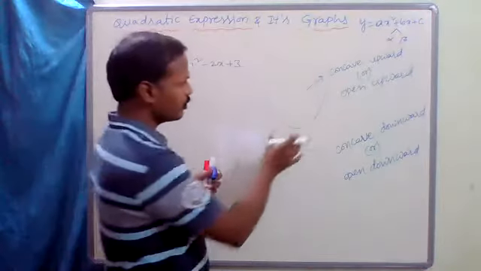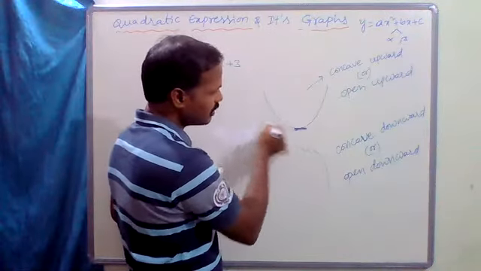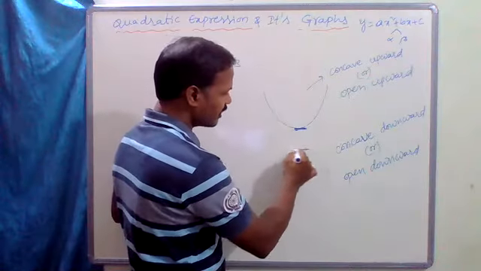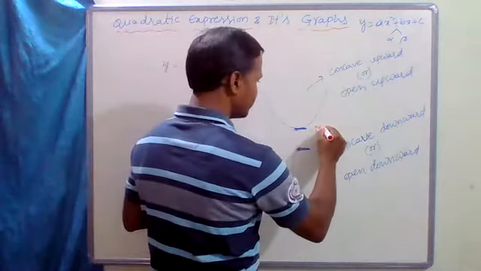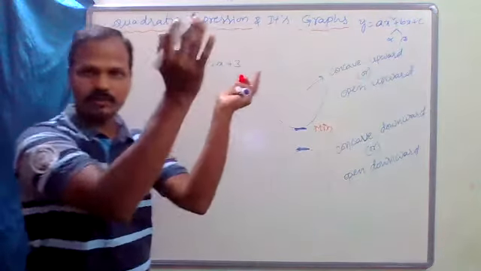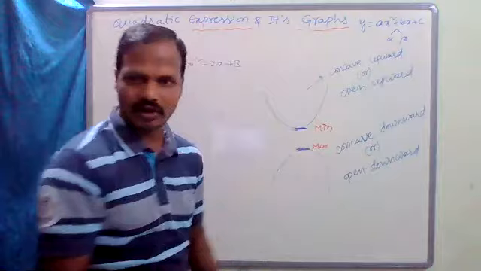Concave upward, it has a minimum. Concave downward, it has a maximum. If it has a minimum, then it is concave upward. If it has a maximum, then it is concave downward.